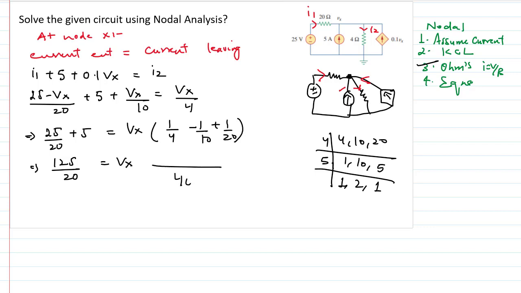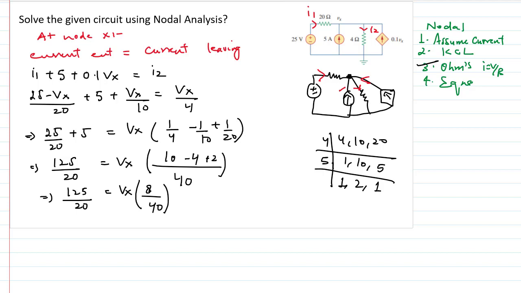You can write 40 here. 40 by 4 is 10, then it is 4, and this is 2. So what we are getting is 125 by 20 is equal to Vx times (12 minus 4), that is 8, by 40.